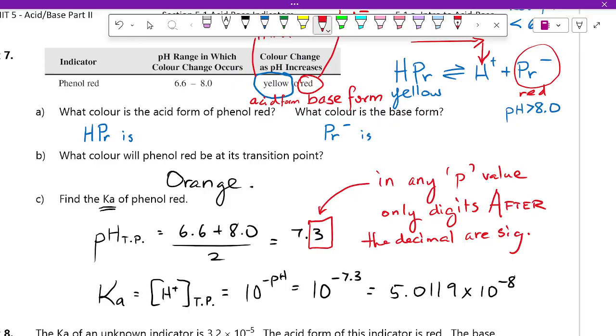And so that means we have 1 sig fig, which means that we need to round this to 1 sig fig, 5 times 10 to the negative 8.